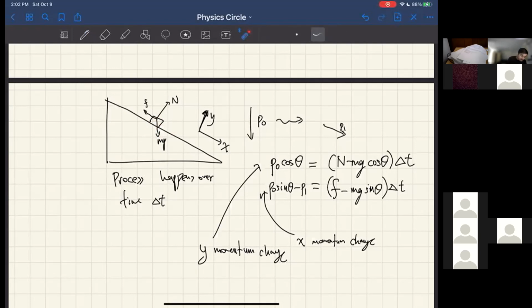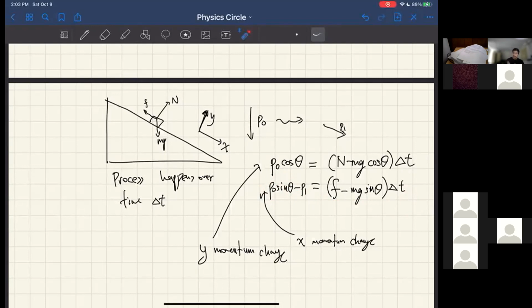Well, p0 sine theta is the original x momentum, but all these forces could be changing that x momentum, so the final p1 could be something different. The final x momentum is not just the same as the original x momentum. It's being acted upon by friction and gravity, so there's no reason it should be the same.